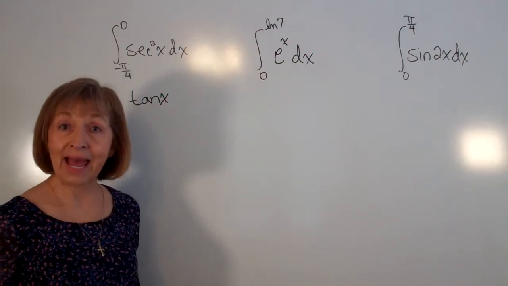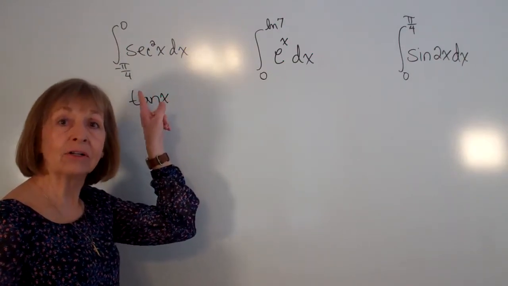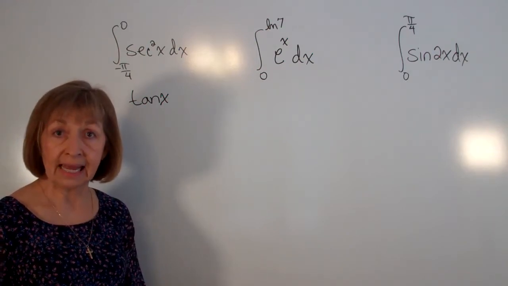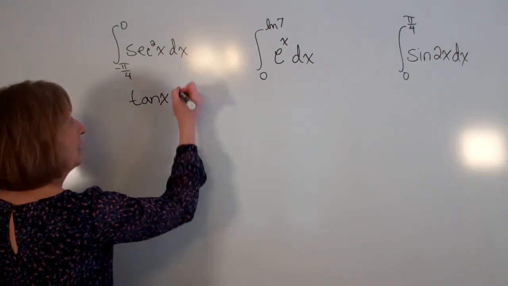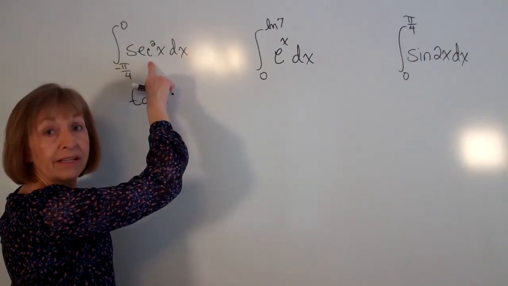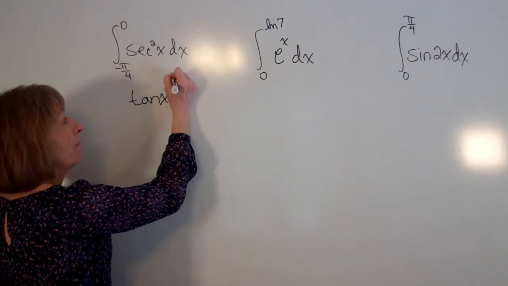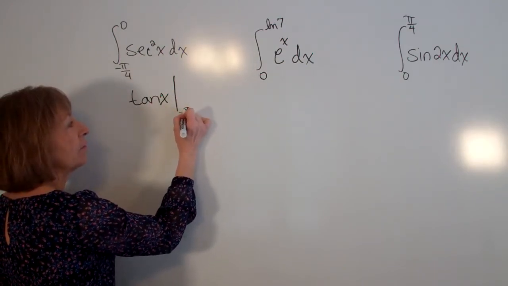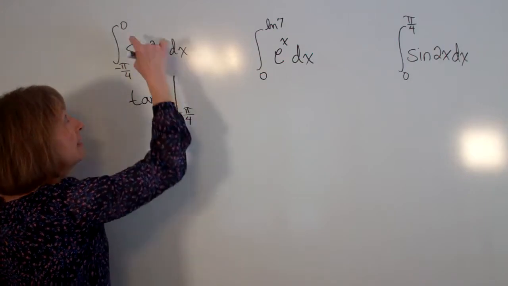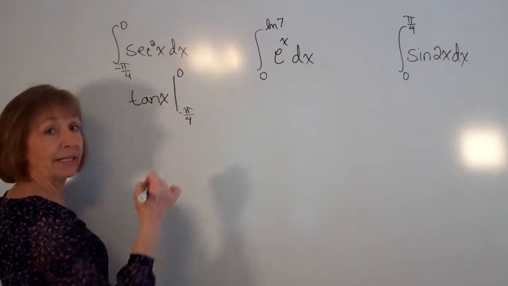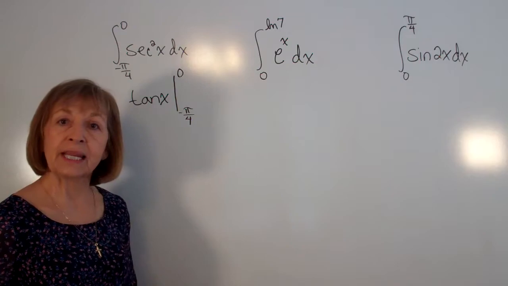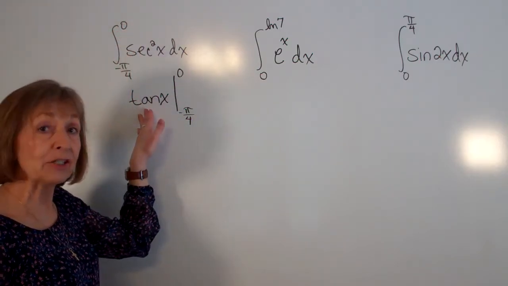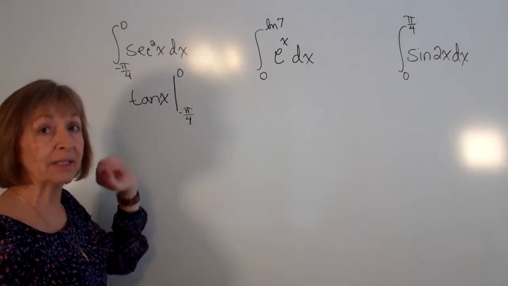But because I'm asked to do the definite integral, not the indefinite integral, I'm not going to put a plus c in. What I'm going to do is, after I find an antiderivative of my integrand, put a vertical line after it and remind myself of what the lower limit of integration is and what the upper limit of integration is. So notation-wise, this is saying I have found an antiderivative, but I still need to plug in the limits of integration.